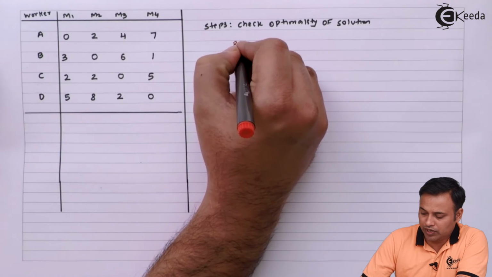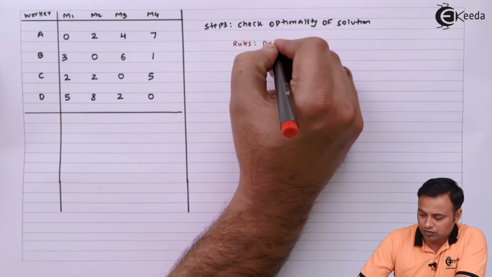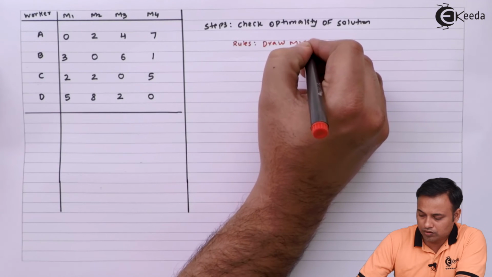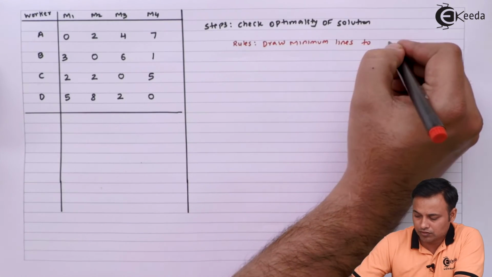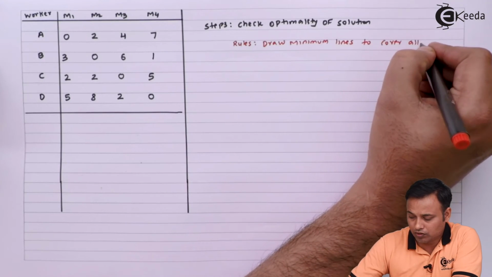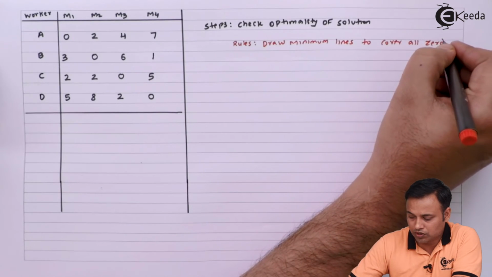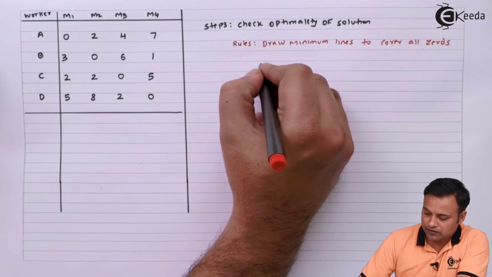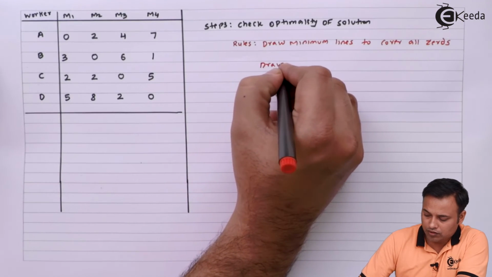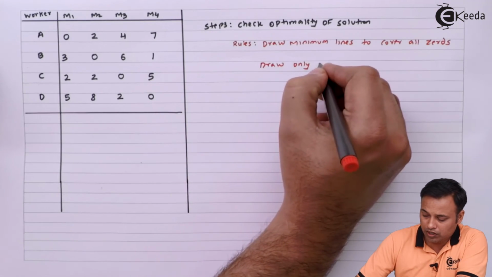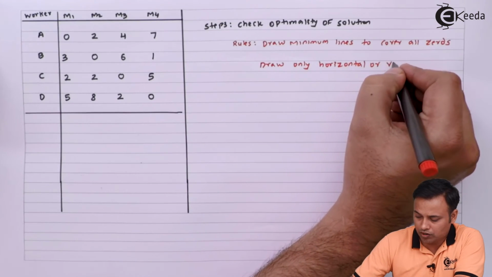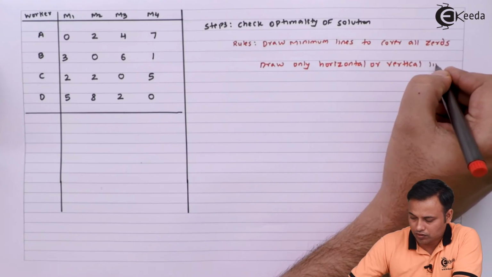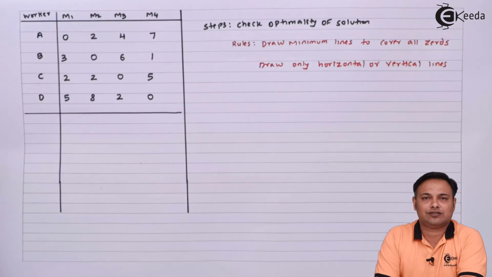रूल्स मैं लिख लेता हूं. First, draw minimum lines to cover all zeros. Second, draw only horizontal or vertical lines.